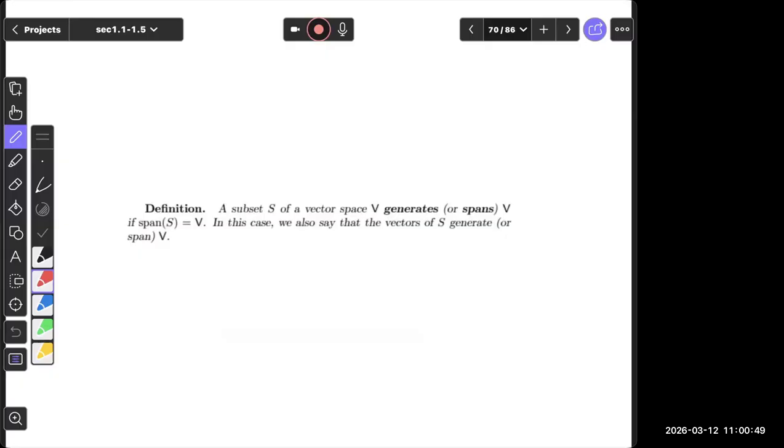Here we have a vector space V. If the span of S equals V, then we say S generates, or S spans, the space V. Many students in the past do not understand the equality. If the span of S and V are equal, then we say S generates the V space.